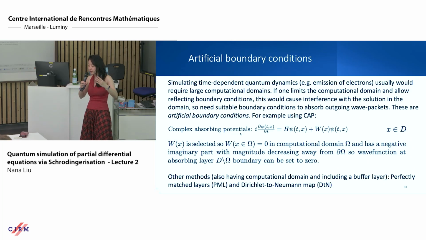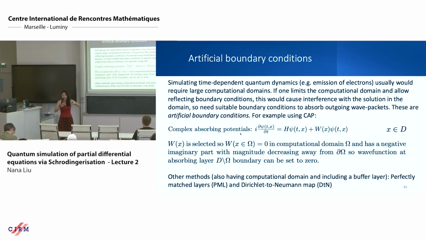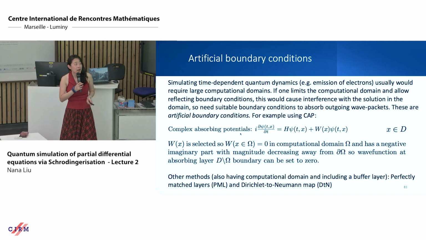If you have reflecting boundary conditions, when your wave hits the boundary, it's going to reflect back. And waves interfere with each other, so it's going to interfere with your solutions. So we should not have these reflecting boundaries. Instead, we should have boundaries that absorb the wave, so that it feels like you're going out into infinity, even though you're in finite space.